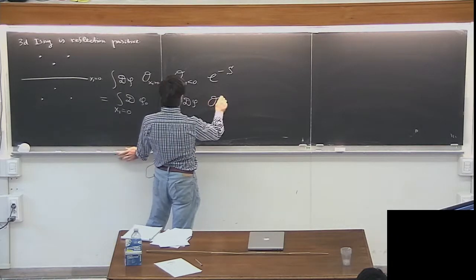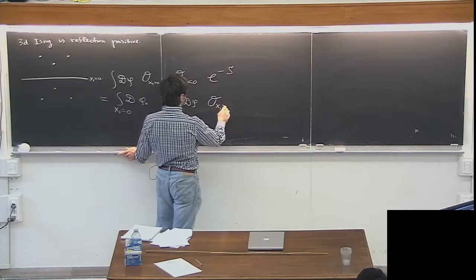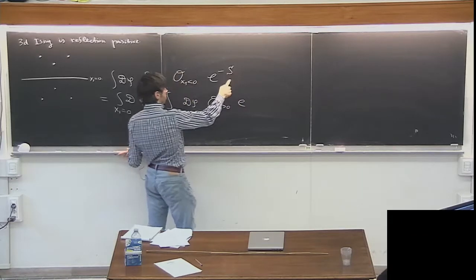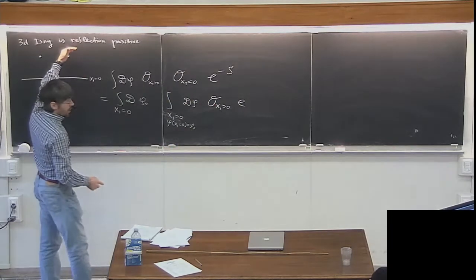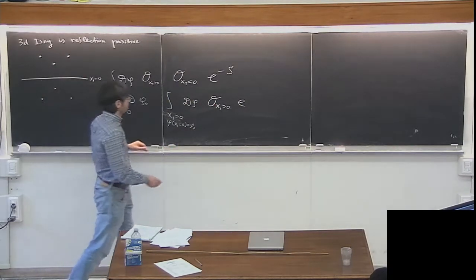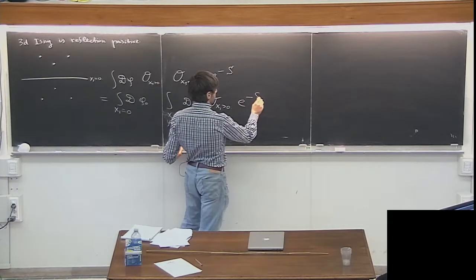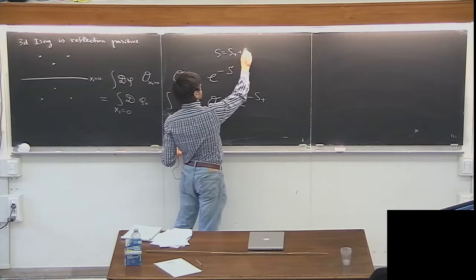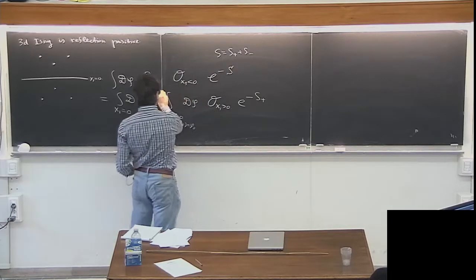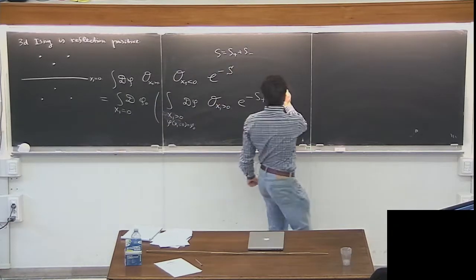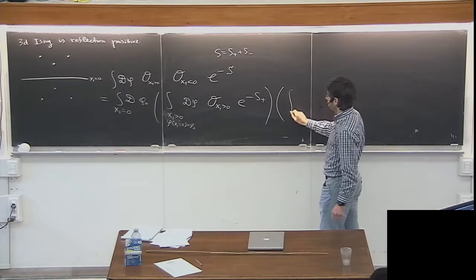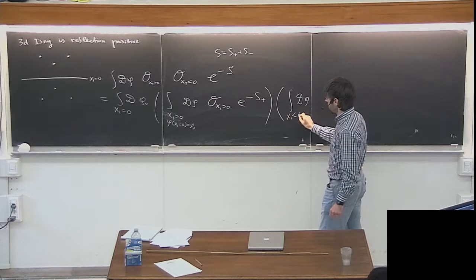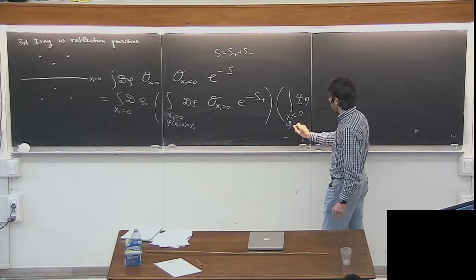And here you insert the operators at x1 positive. And the action you split into two pieces, the one which corresponds to the upper half plane and one which corresponds to the lower half plane. So e to the minus S, where S equals S plus plus S minus. So you have this, and then you have the same thing with x1 negative. And again you impose the boundary condition.